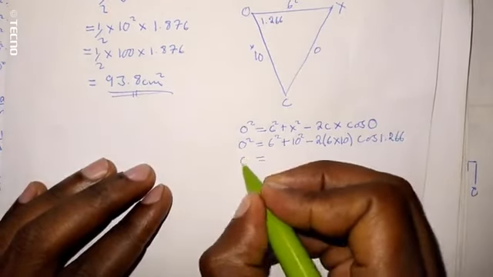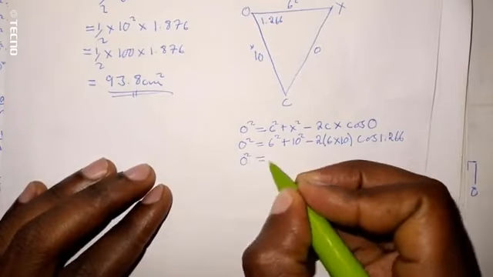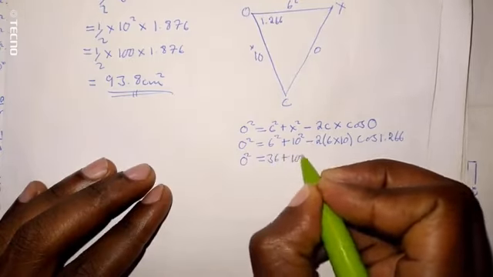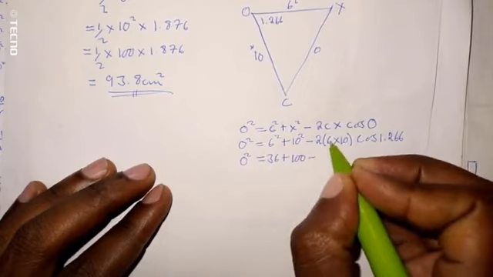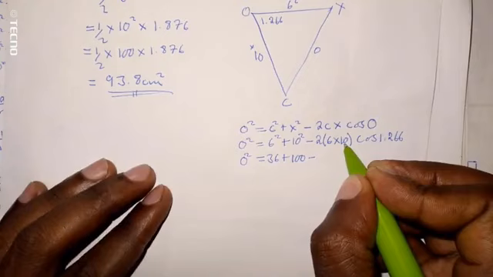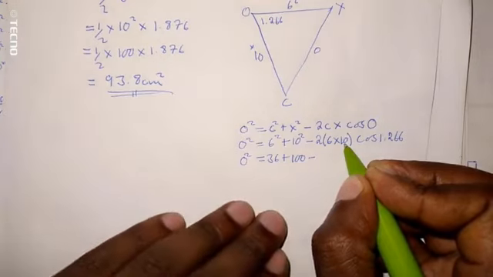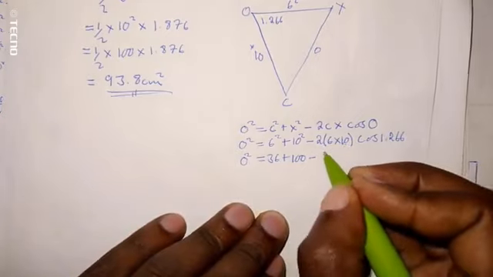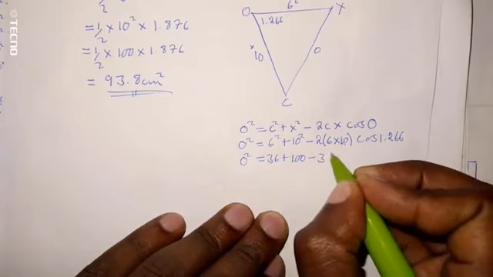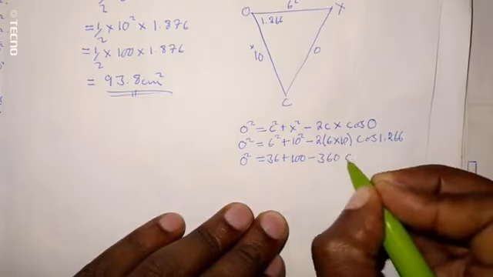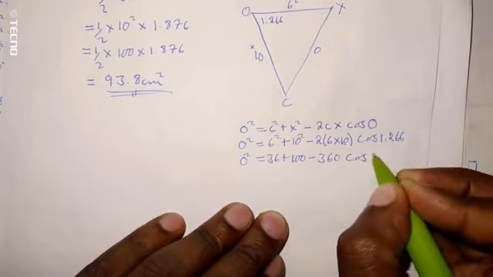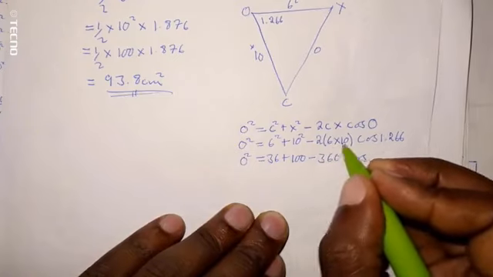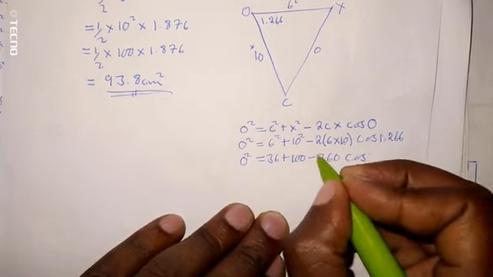So there we'll say O squared, this and this will give us 36, plus 100, then minus 6 times 10, which is 60, times 2, it's 120, sorry.